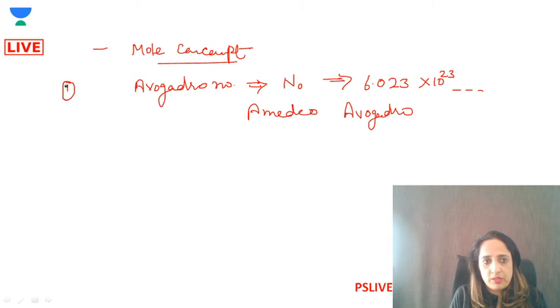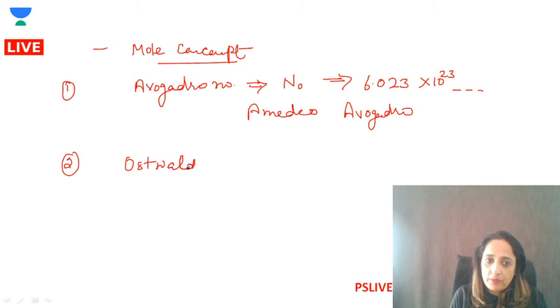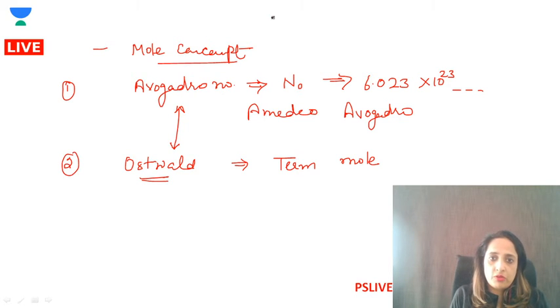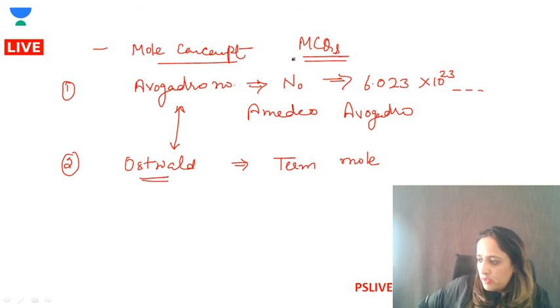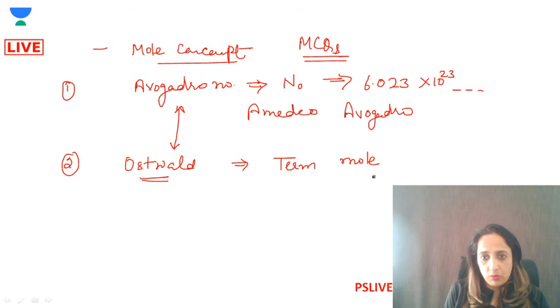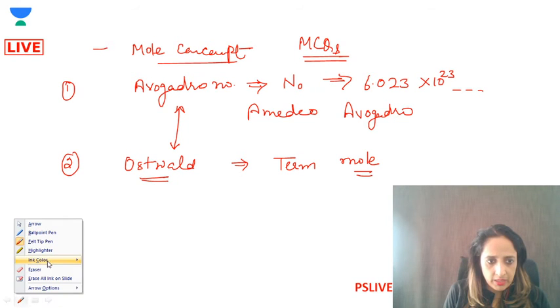That is point number 1. Point number 2 is that the term mole was given by Ostwald. Don't get confused between these two for your MCQs. This is what you generally get: who derived the term mole.